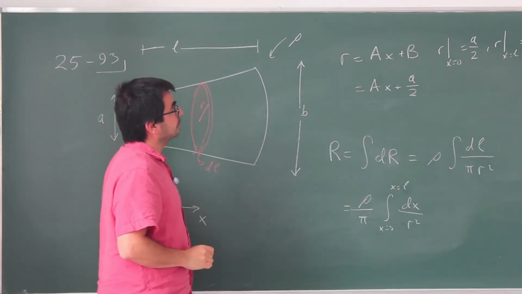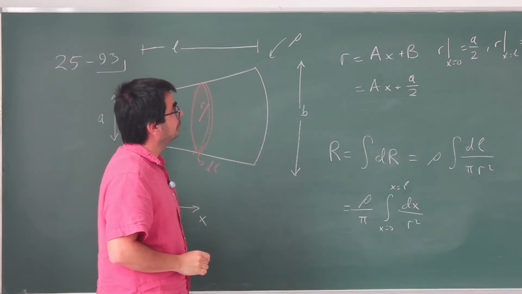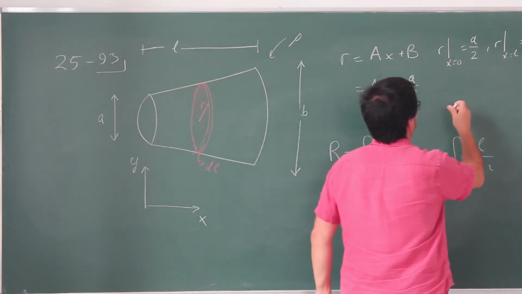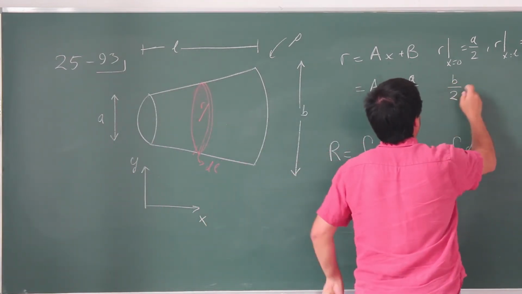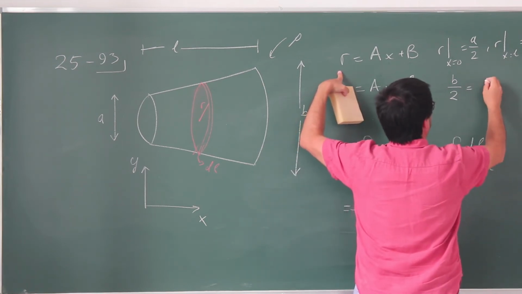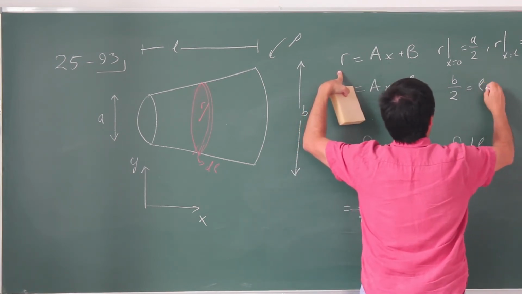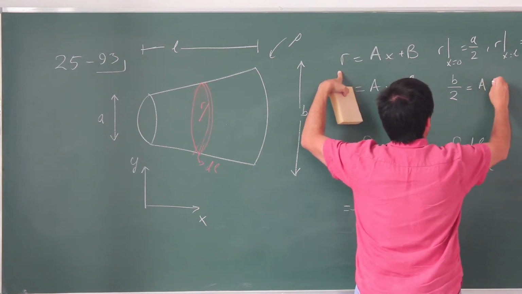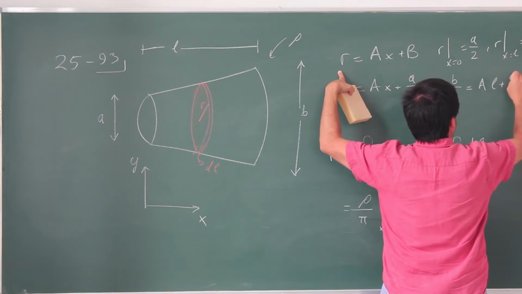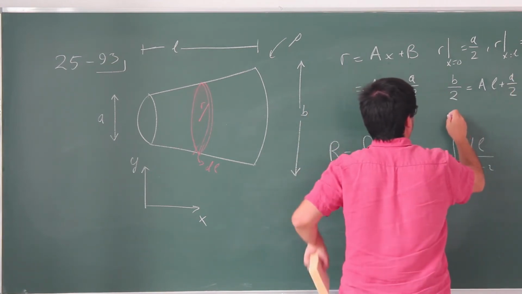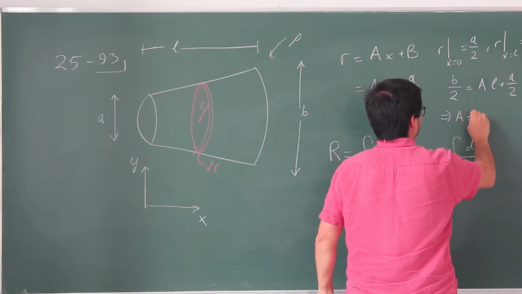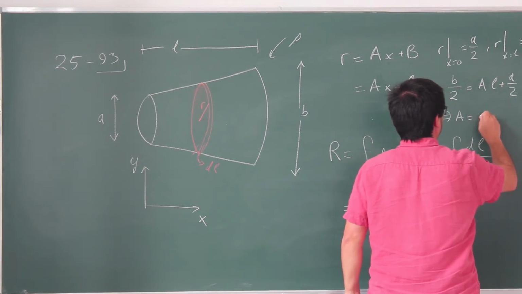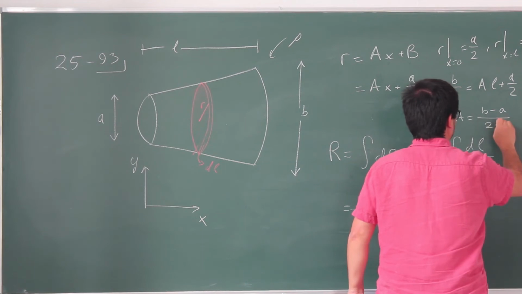And then I can substitute the value of L over there. And I'm going to have b over 2, the value of r, is equal to L times a, plus a over 2, and from this I can find that a is equal to b minus a over 2L.